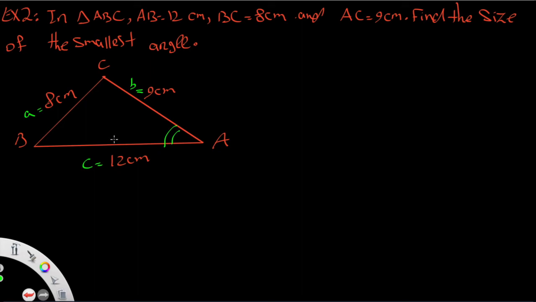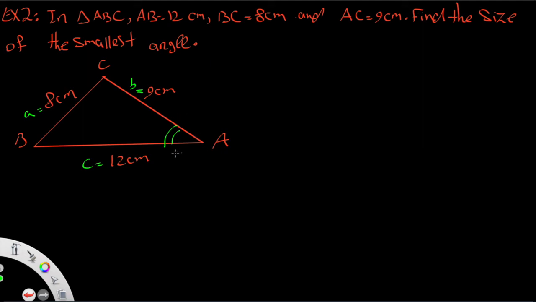Example number 2 is one of the applications of cosine rule to find unknown angle. In triangle ABC, AB is 12 centimeters, BC is 8 centimeters, and AC is 9 centimeters. Find the size of the smallest angle. We know that the smallest angle is always opposite to the smallest side. Now we know that the smallest side is 8 centimeters, so opposite angle, which is A, will be the smallest angle. Now, to find angle A, we should use cosine rule so that this angle is involved.